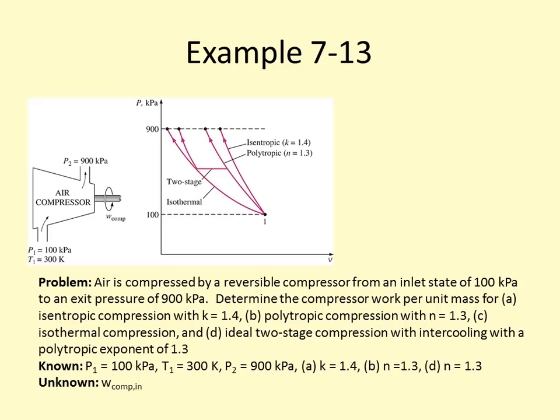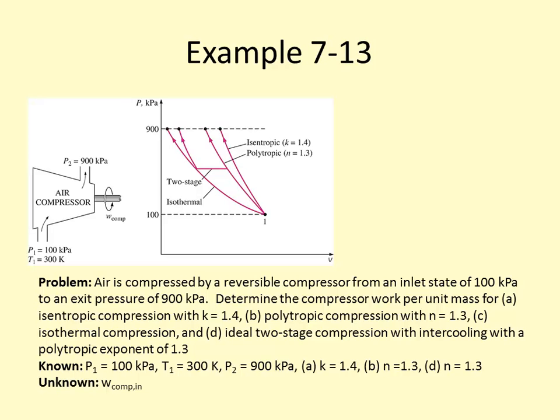So to find your mass flow rate, v is equal to RT over P, and m dot is equal to V dot over v. Okay, so that's the first thing you have to do to find mass flow rate.